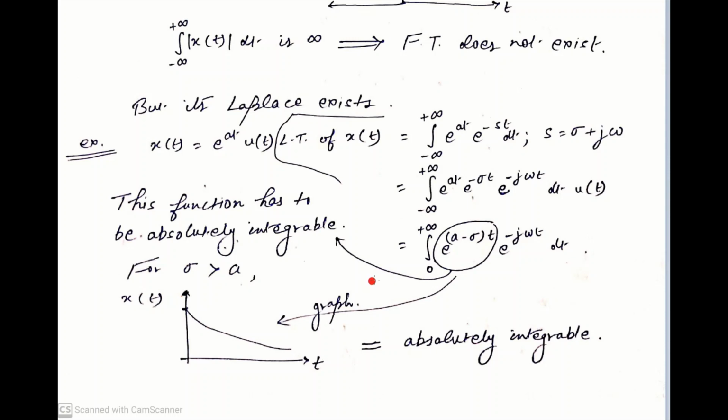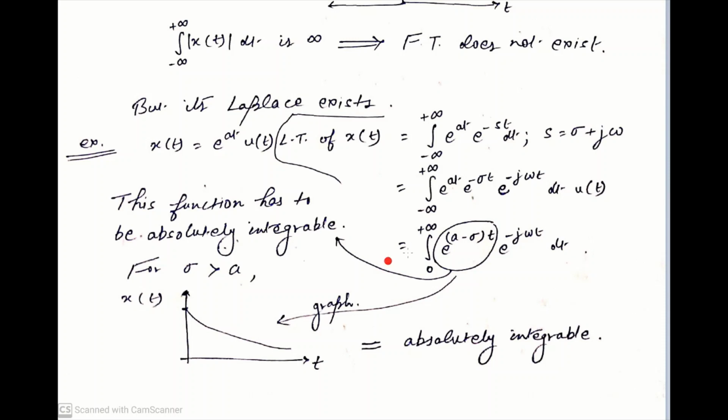So if you plot this on the time axis, then I want this to be decreasing. If it is increasing, then for t tends to infinity, the magnitude of the function will also become infinity, and this integral won't be converging. It won't exist. This transform won't exist.